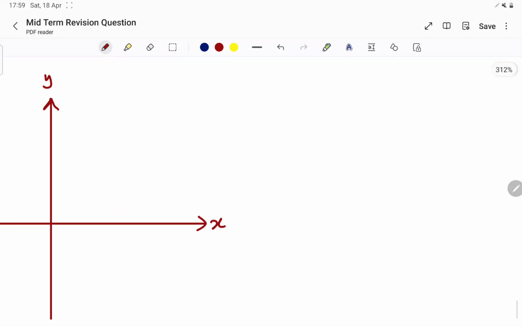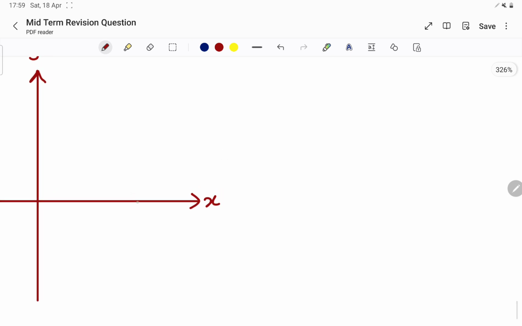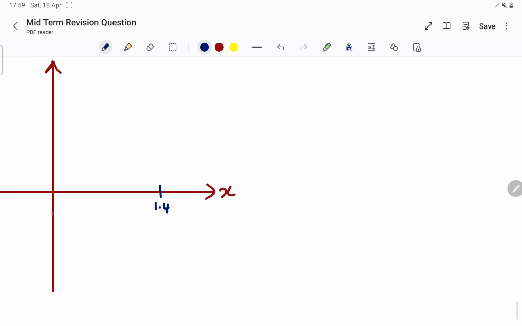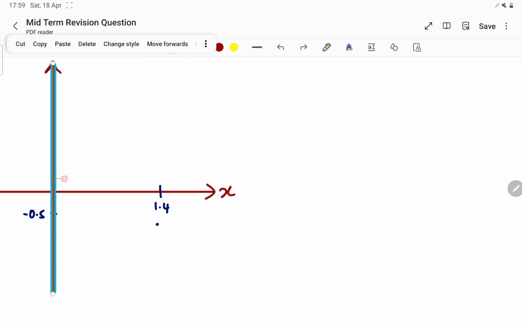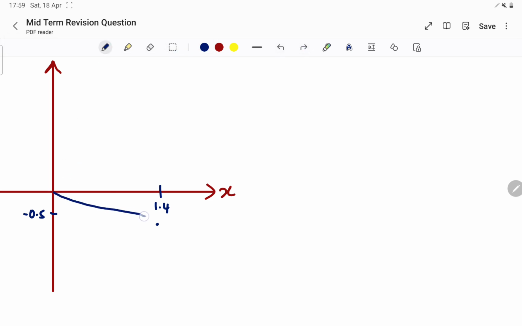So it could be around here, 1.4, and negative 0.5, maybe around here. So your graph will be like this. Sorry, a straight line. Okay, this is your z0.